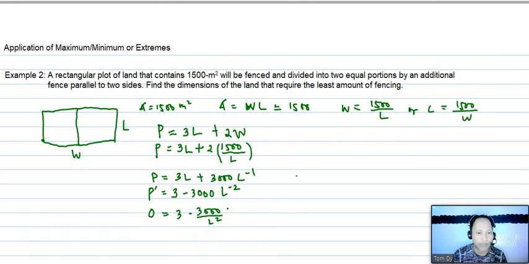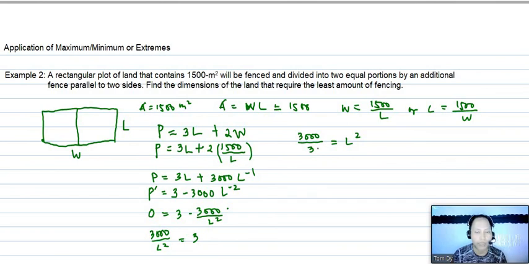And then I will transfer this one to the other side. That becomes 3,000 over L squared is equivalent to 3. By cross multiplication, we have here 3,000 divided by 3, which is equivalent to L squared. Okay, this one multiplied by 3, so that becomes L squared 3, and then 3 transfer on the other side.